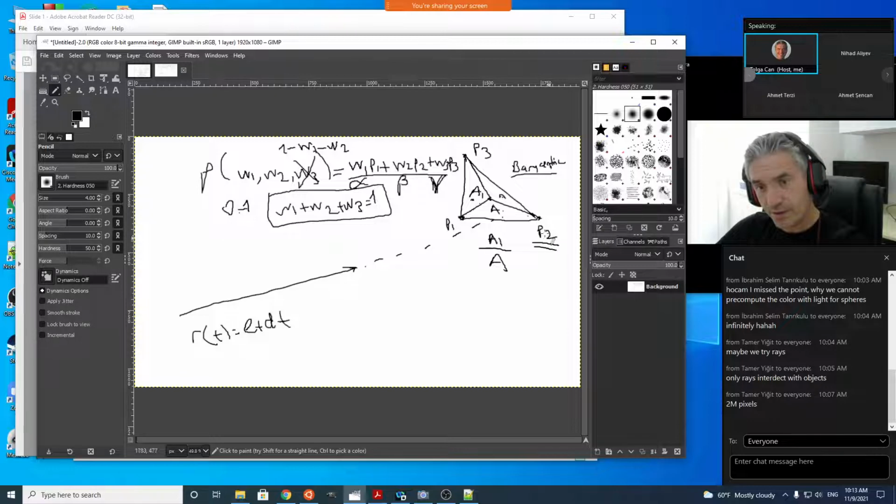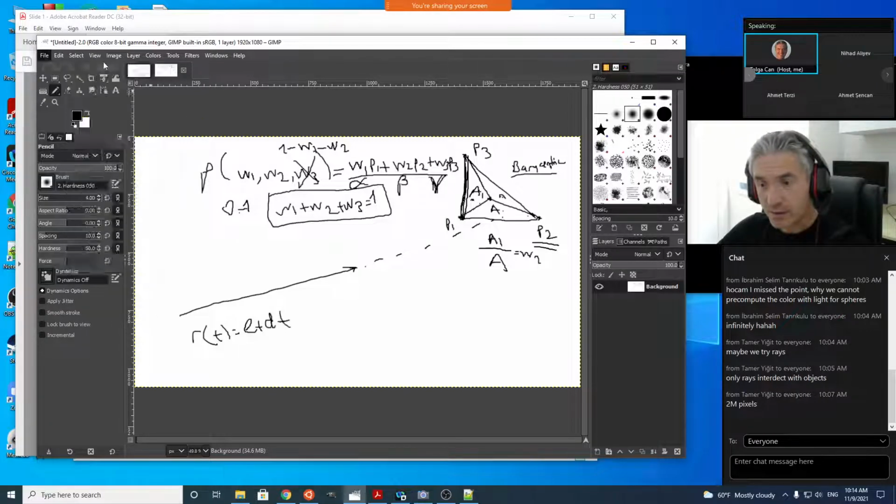I can say this is W2, because when this area is 0, you're basically taking a weighted average of P1 and P3 since W2 is 0, which means you're currently on this line. It will just be like a line equation and you will be on this edge. As you move this point inside the triangle, these areas are going to change. And if A1 is 0, the weight of P2 is going to be 0. So that's one way to represent a triangle.